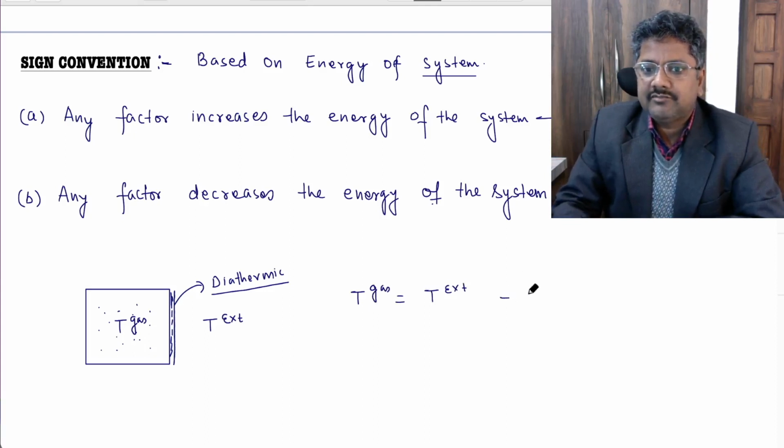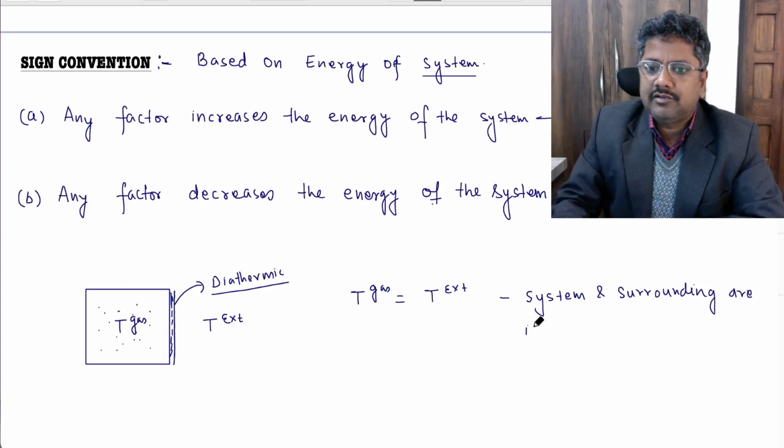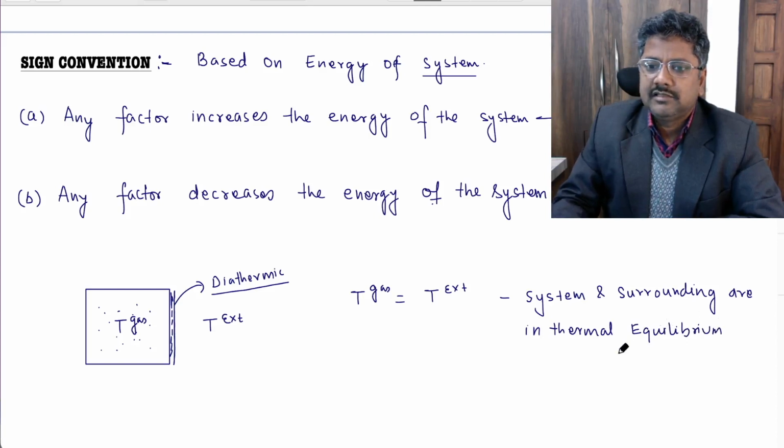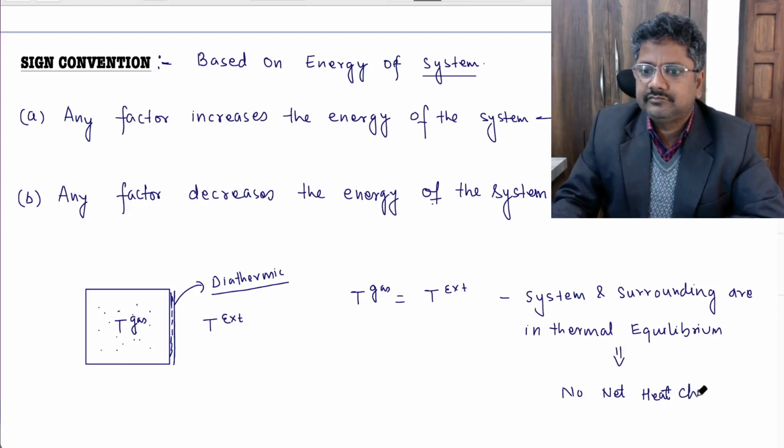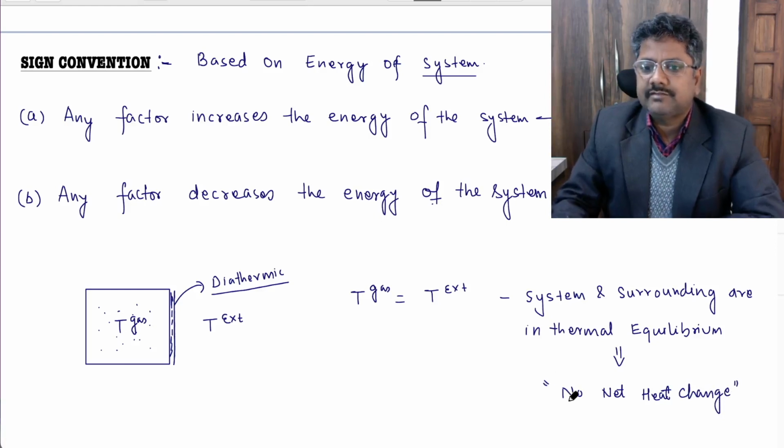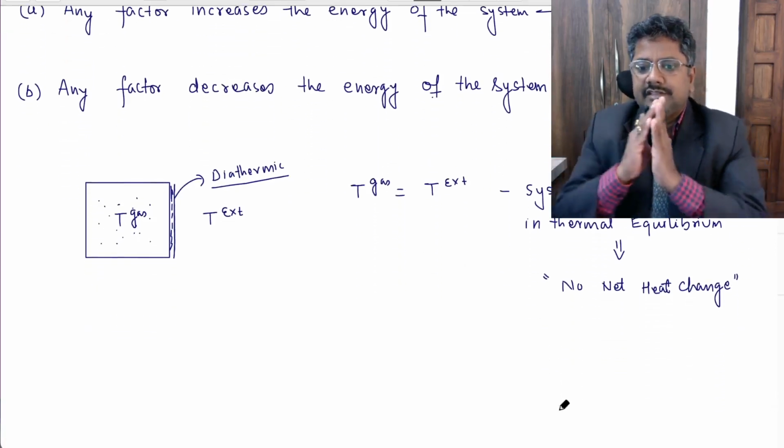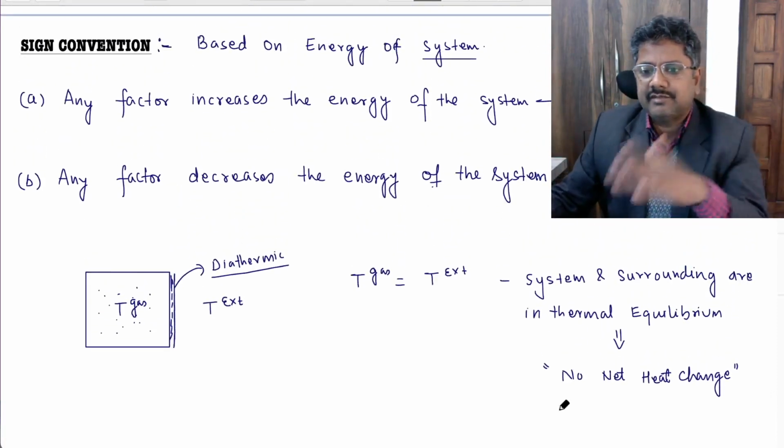It means thermal equilibrium: system and surrounding are in thermal equilibrium, and no net heat change between system and surrounding.